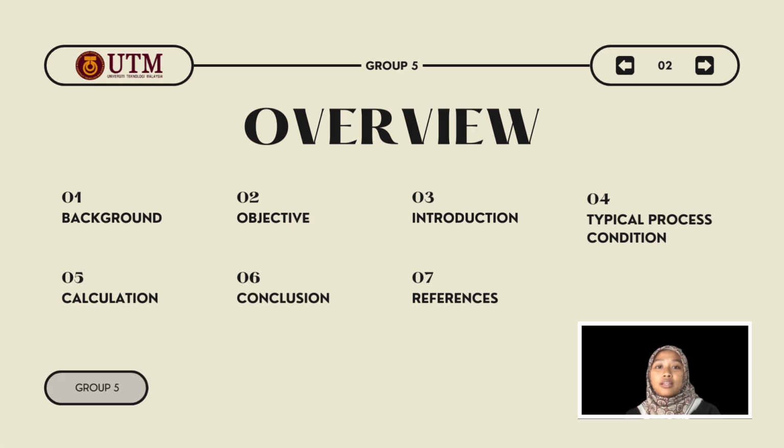Next, we're going to show you how we calculate the process, and we're going to conclude what we learned from this project in the conclusion, and also the references that we used through this project. So let's go to the background and objective.